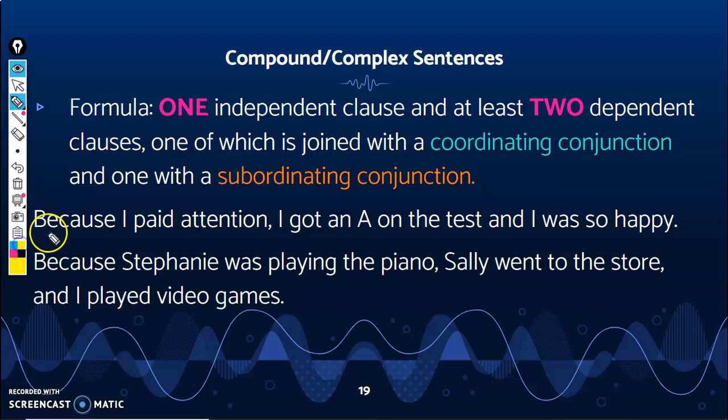Okay, so keeping that in mind: Because I paid attention, I got an A on the test, and I was so happy. Noticing here, I went through and did the 3 sets of subjects and verbs at the same time, and now circling the conjunctions. Because I paid attention is a dependent clause because it has the subordinating conjunction there. I got an A on the test can stand on its own, so it's an independent clause.